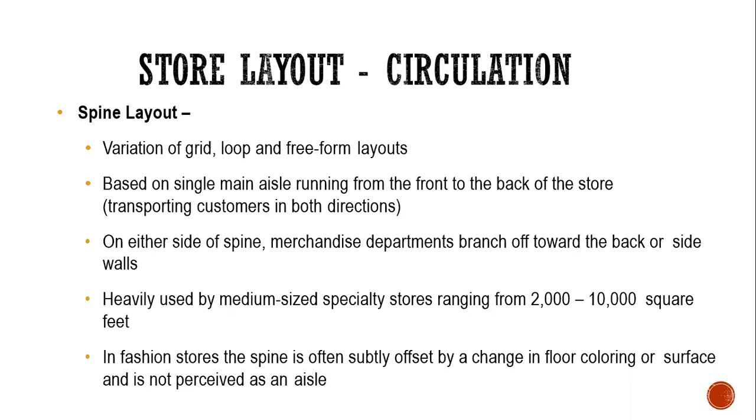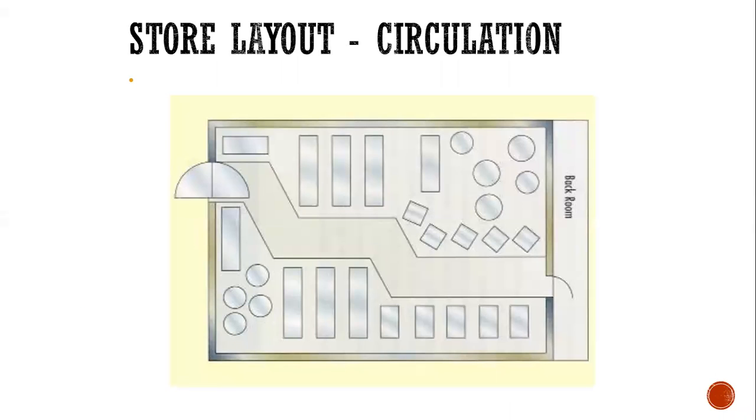It is based on a single main axle running from the front to the back of the store. Come in from one side, go out from the other side. That is the exit line. On either side of the spine, merchandise departments branch off toward the back or side walls. You will find everything here: free flow, grid and looping also.